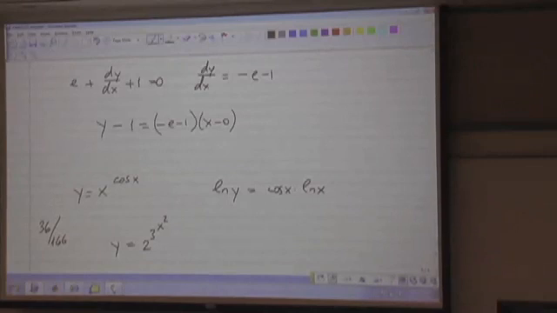We have 2 raised to stuff, and the stuff is actually 3 raised to stuff, right? So we're going to end up having 3 chain rules. So what is the derivative of 2 to stuff? It's 2 to stuff times ln of 2 times the derivative of the stuff, right?